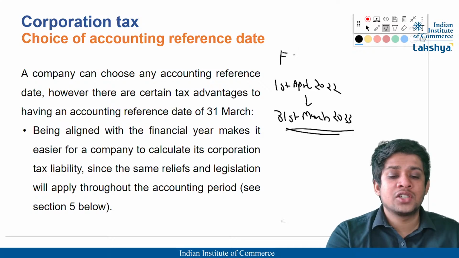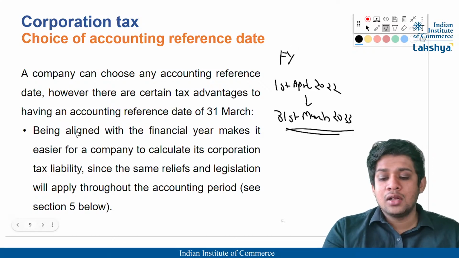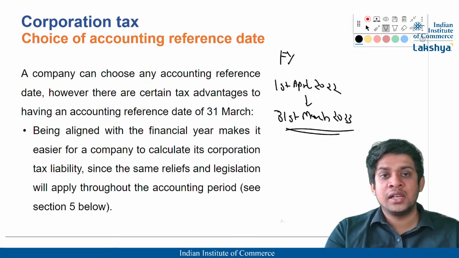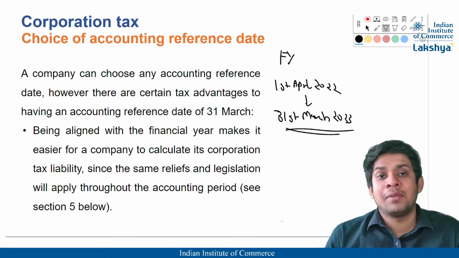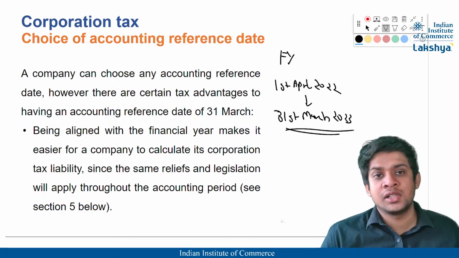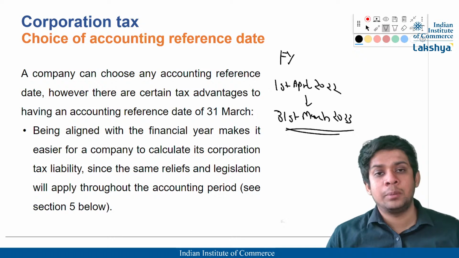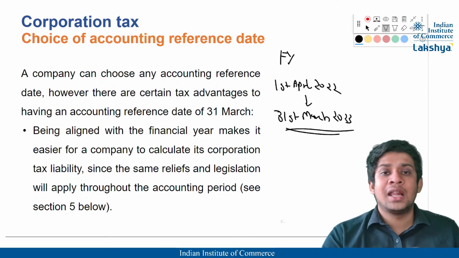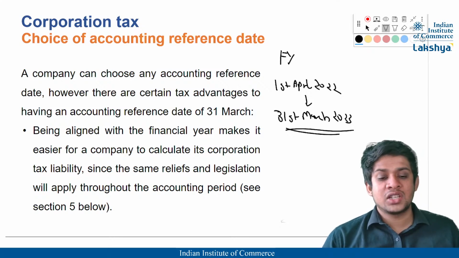This is your financial year. Okay. And it is better for a company to align their year ends with the financial year, because most of the time the company might not have aligned financial statements, correct? They might have an accounting period ending 31st December, or ending 31st October. So it is not aligning with the financial year, correct?